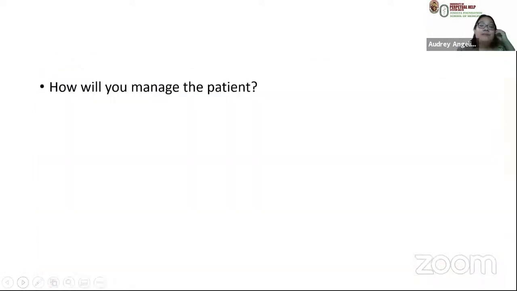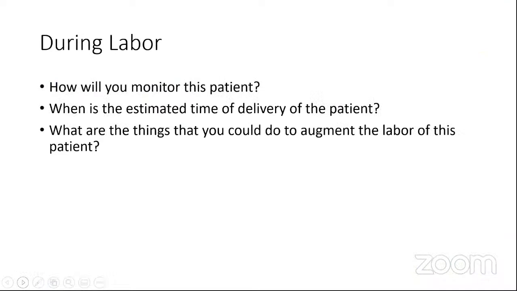How will you manage the patient? Okay. I think you have discussed this part very adequately. So, the estimated time of delivery of the patient, how do you compute? You have also reported the table of 1.2 and 1.5. Since this is a multigravid, it will dilate 1.5 centimeters per hour.